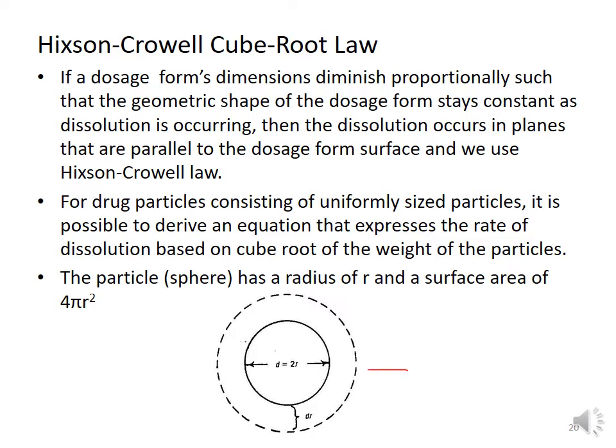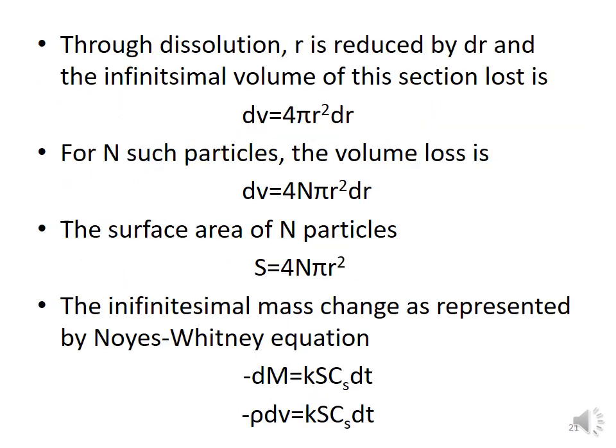For spherical particles, through dissolution, the radius is reduced by dr, and the infinitesimal volume of this section lost is dV equals 4 pi r squared dr. This equation is valid if we have one particle.